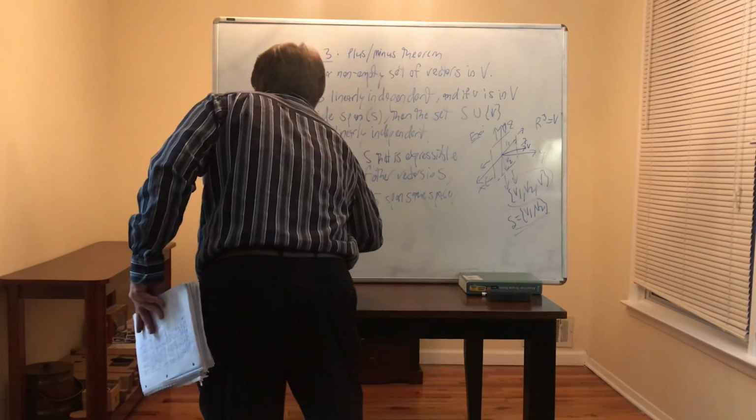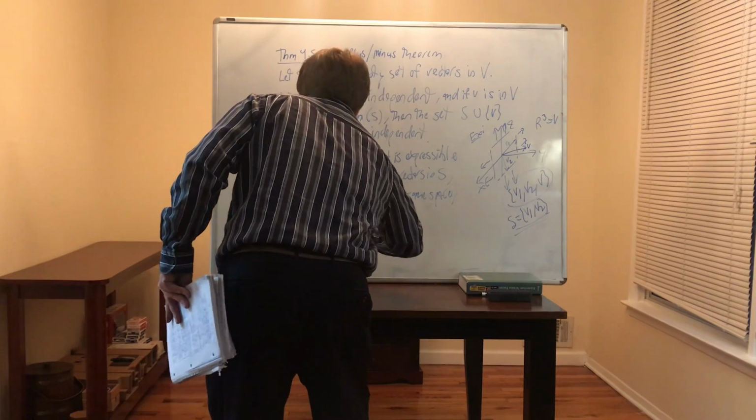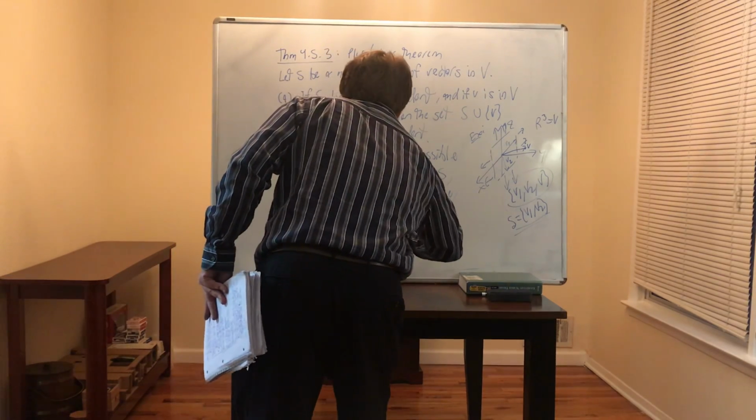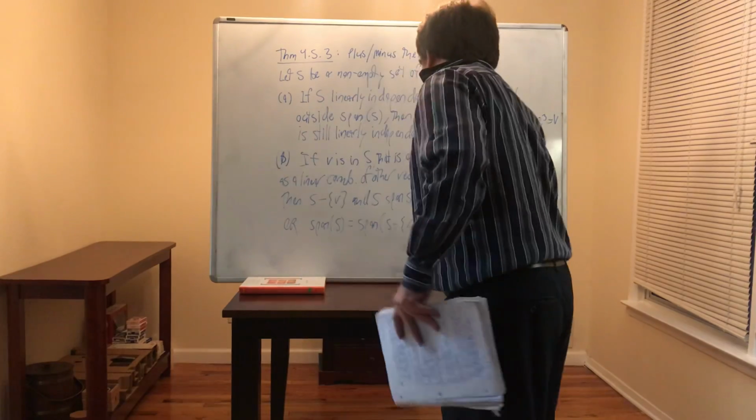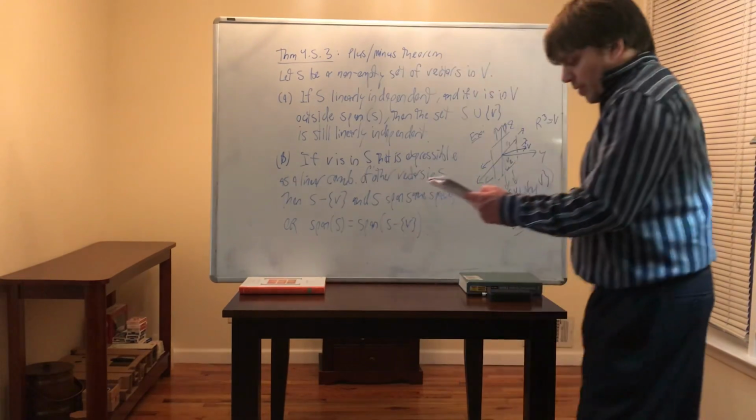Or another way to put it, the span of S is equal to the span of S minus the set containing v. That's part B of the theorem.